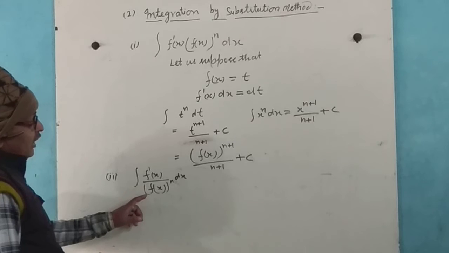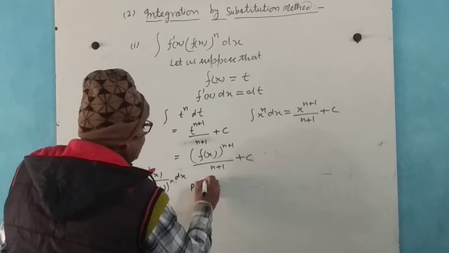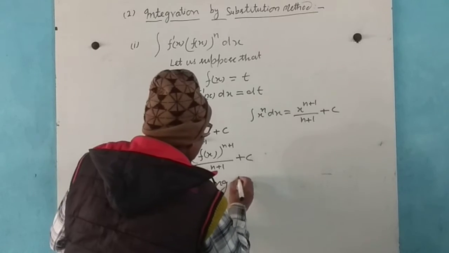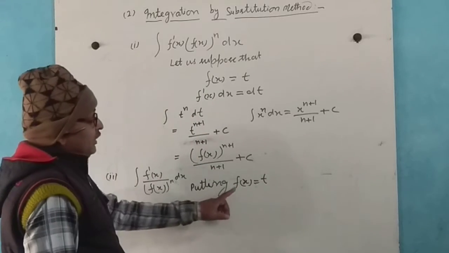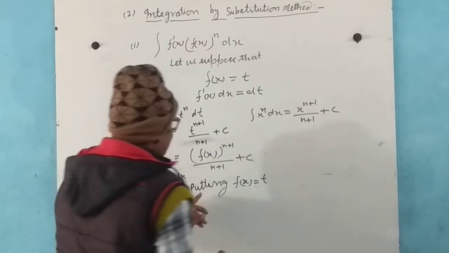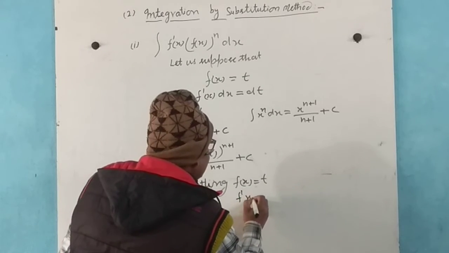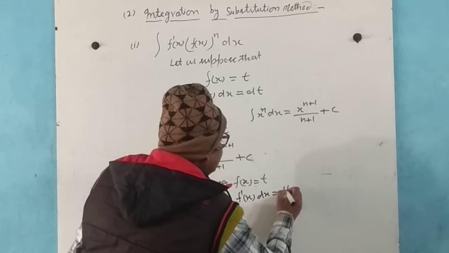In this case also, putting f x equal to t, differentiating with respect to x, f dash x dx equal to dt.